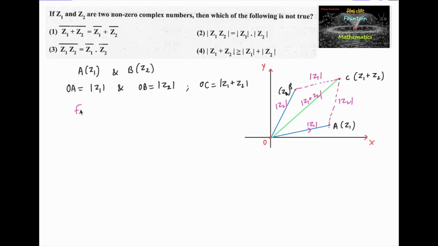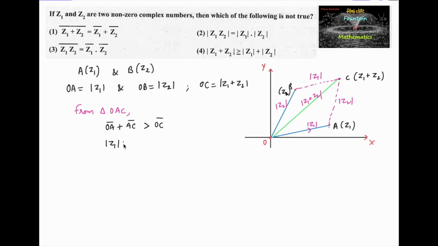So from triangle OAC, by using the triangle inequality, the sum of any two sides, that is OA plus AC, must be greater than the third side, that is OC.